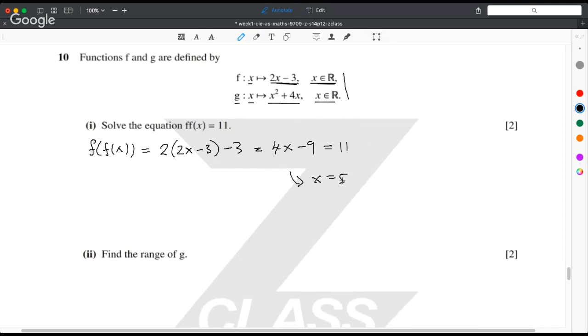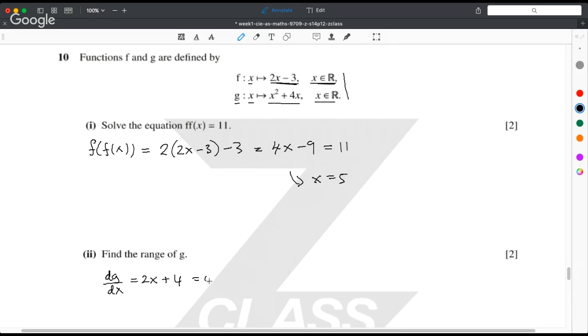Okay, now they want us to find the range of g. I think the easiest way to do this is to think about the derivative. So what is dg dx? Well, this is equal to 2x plus 4.